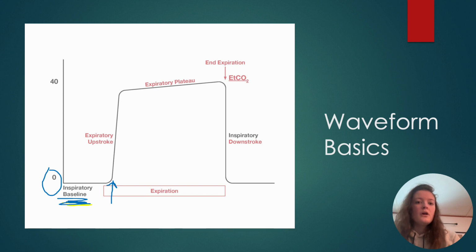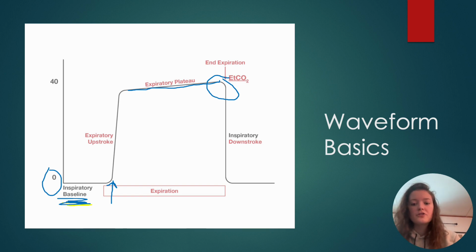So you're in that plateau where you can't breathe out anymore. And then this point right here, that end expiration where you're starting to breathe in again, is that downstroke. And this little end expiration right here is the end tidal CO2, and that is what we are going to try to look at.